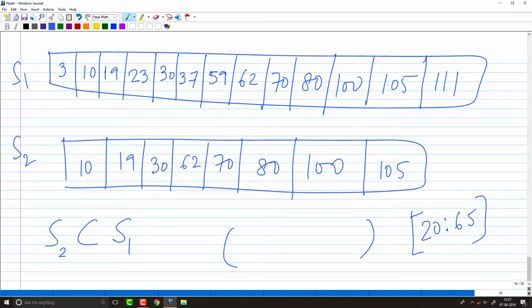What are the values in the list S2 which I would be sure lie in the interval with which I search S1? Say I have hit a value here, then any value that is greater than or equal to 23 qualifies to be in that range. If it is less than 65, well and good. If it is not, then I will throw it out. So independently I can do two log n searches.